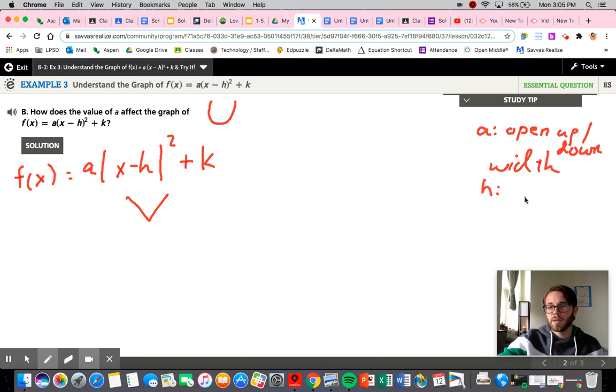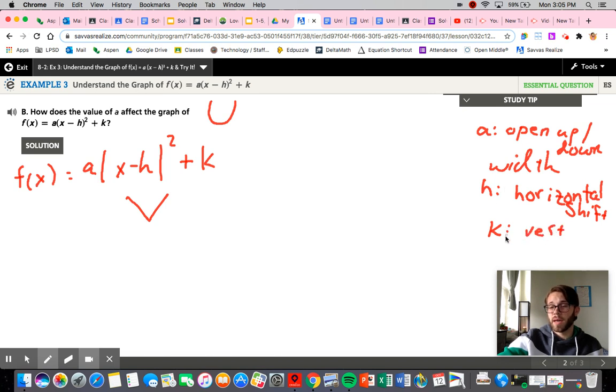H, that's still going to be our horizontal. Okay, so that's my horizontal shift. And then my K, that's still going to be my vertical shift. So these are still the same.